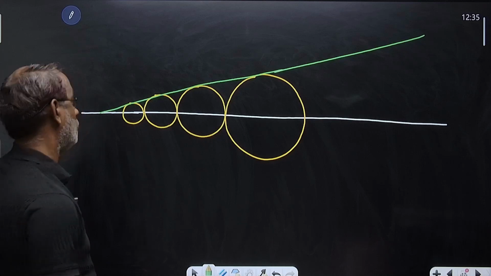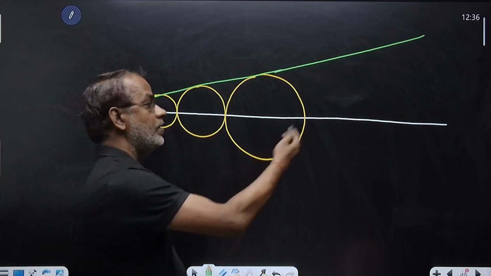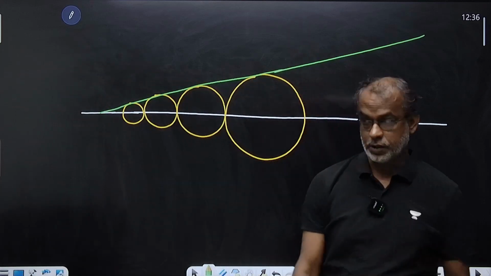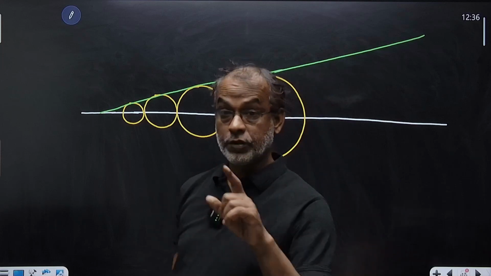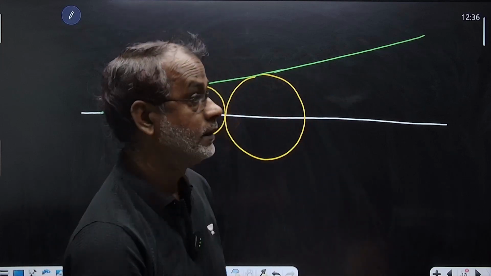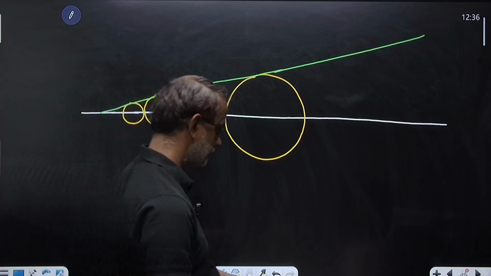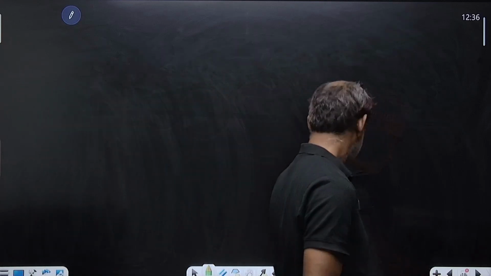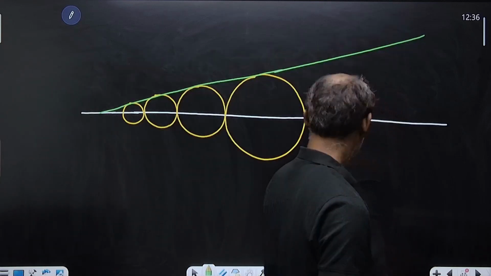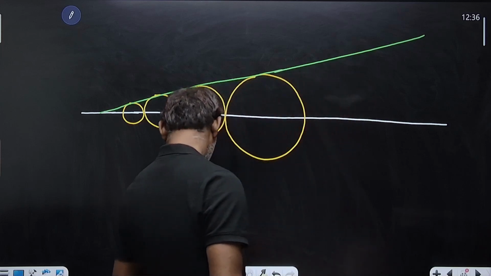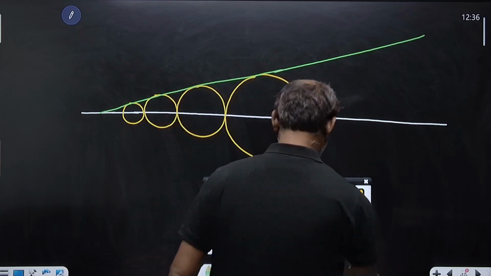Okay. Now, and then we can keep on drawing. So this is the situation. So first and foremost, from the given data, are we able to draw the appropriate figure which would help you out? Now, what to do?